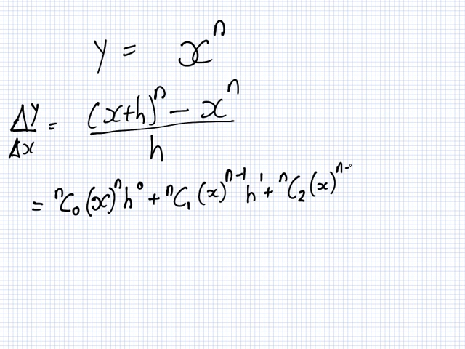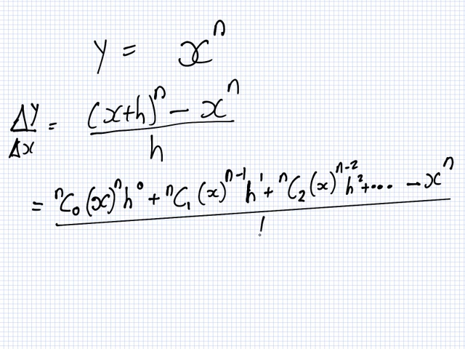h squared. This continues, and then at the very back we have minus x^n, which was from this one. Now, if we look at the top, at least two things can cancel.